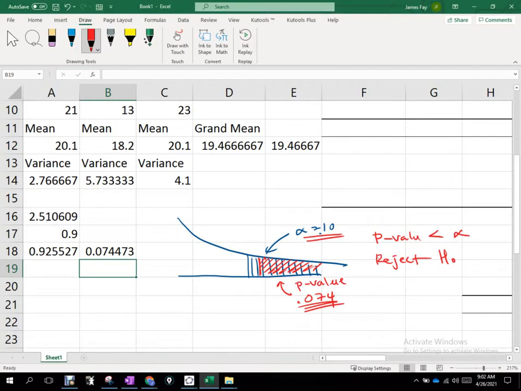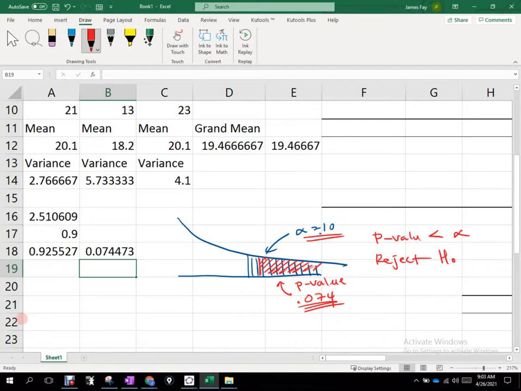So it's F.DIST, and then the F-test value, which was that 2.86 number, and then comma, degrees of freedom of the top, or the numerator, the degrees of freedom of the denominator, and then comma true. That's going to give you the cumulative area, so it would add up everything.